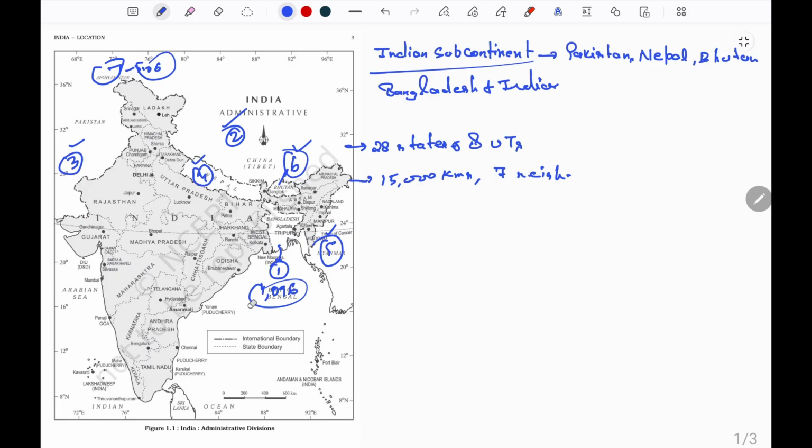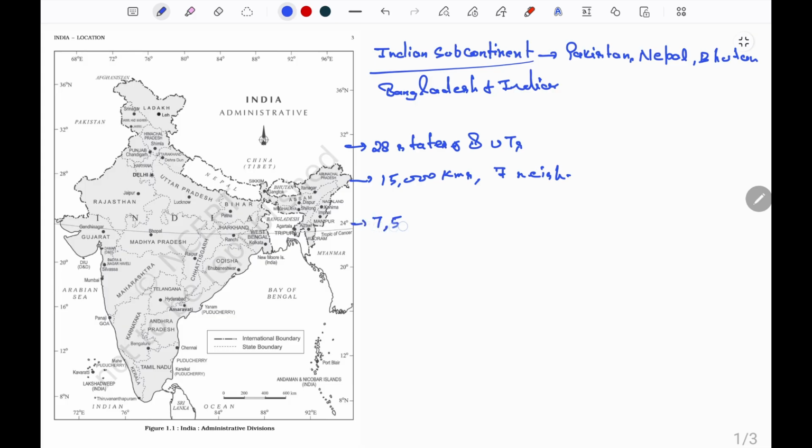Now let us look at the coastline of India. So previously the Indian coastline was around 7,517 kilometers, out of which 6,100 kilometers is of mainland India and the others are island coastlines.